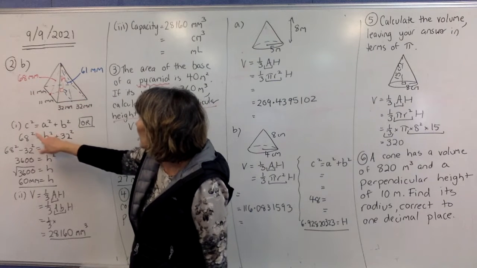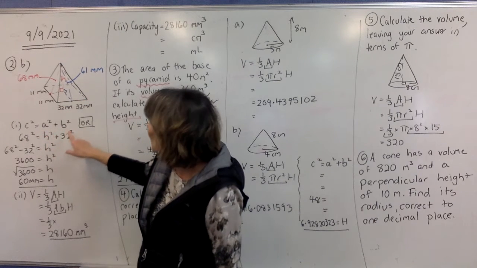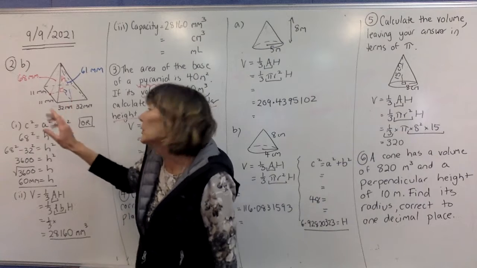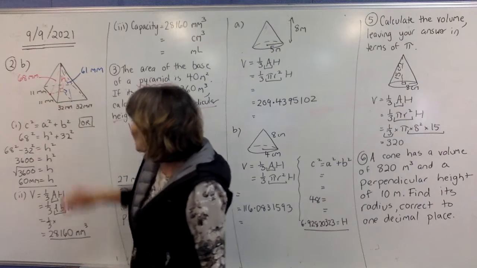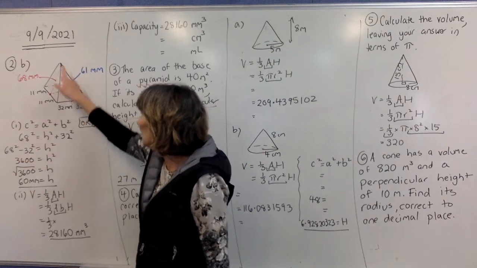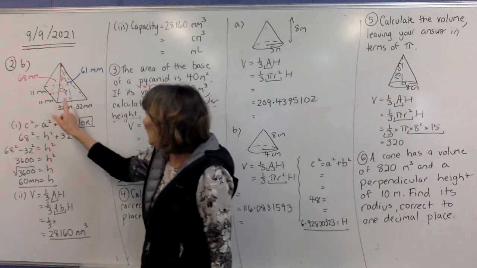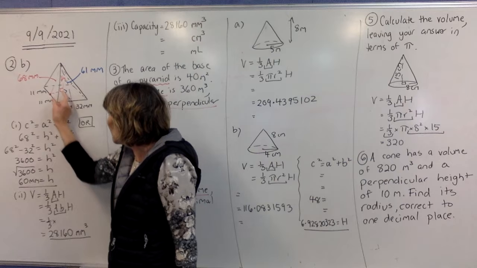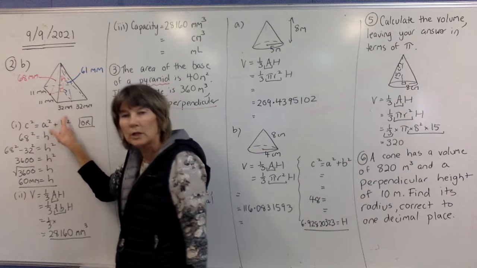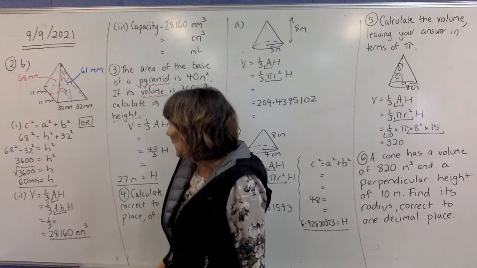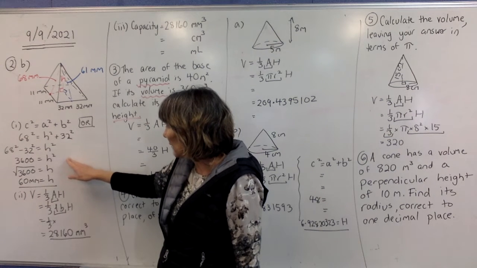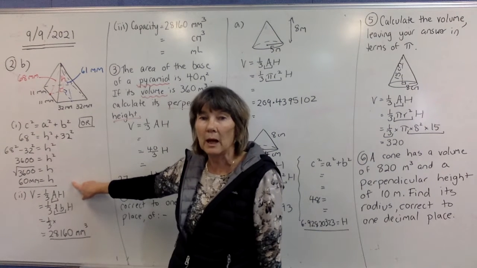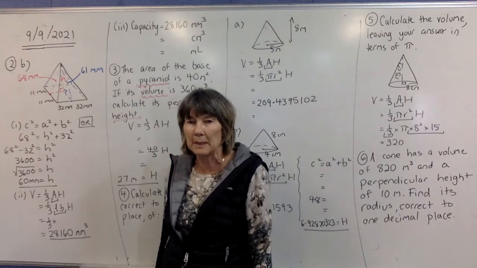So we're going to use Pythagoras' theorem. c squared equals a squared plus b squared. Concentrating on the red triangle, our hypotenuse is 68, so it's going in there. One side is h, and the other side is this one here, going from here to here. Now if you move that out, it's this. It's 32. So we're going to put 32 in there. We're going to go through Pythagoras' theorem and we will end up with a height of 60 millimetres.